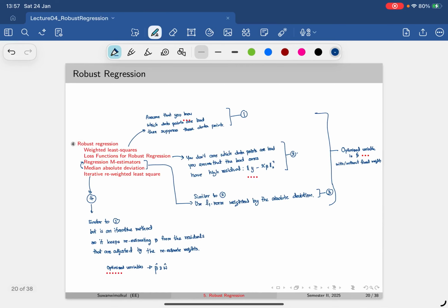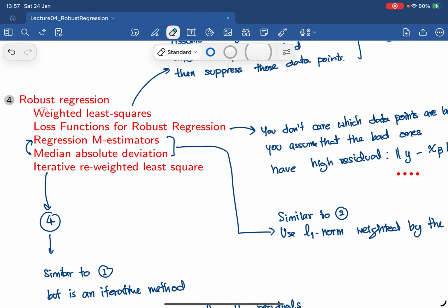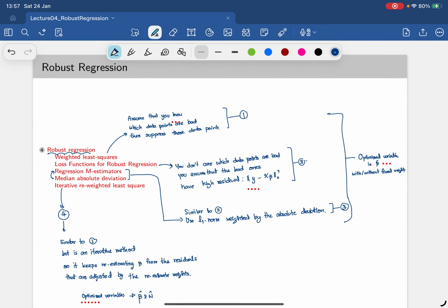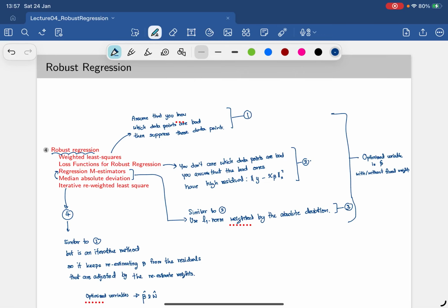So let's go back to what we are going to talk about now. We are going to talk about robust regression. They are techniques where we suppress those outliers given that we know the locations, or if we don't know the locations, we may run an iterative approach to find them.